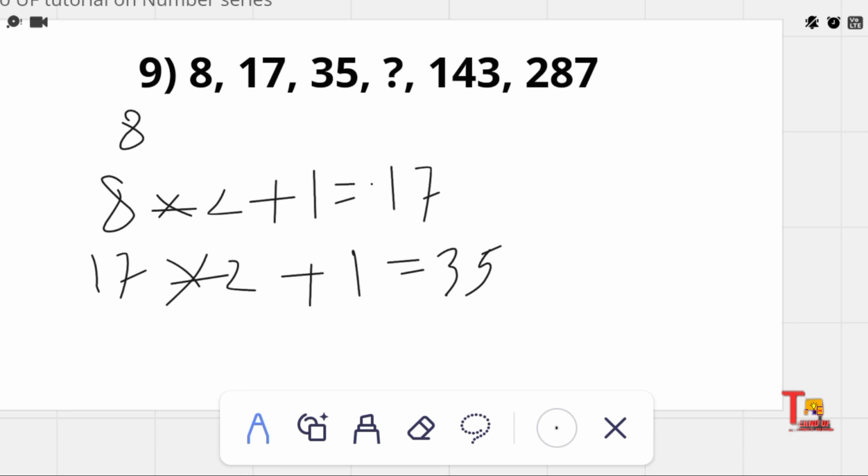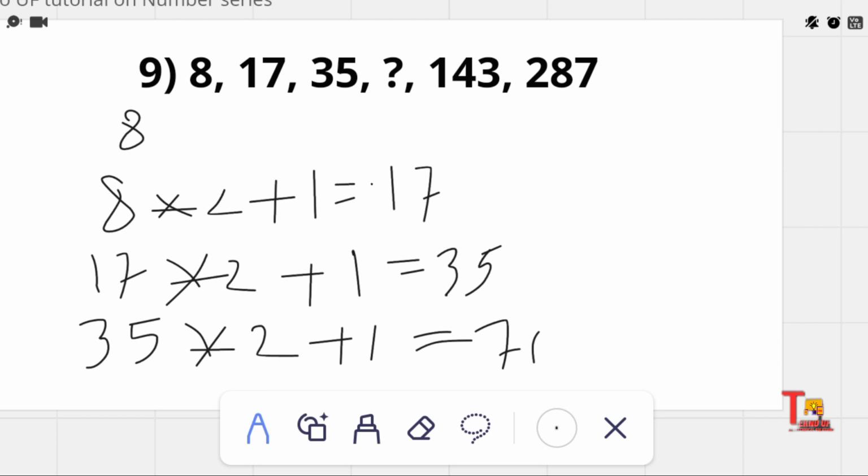And if you increase by the same, yes, right. So if you just maintain the sequence, then you will get the answer: 35 multiplied with 2 plus 1, that is 35 into 2 is 70 plus 1 is equal to 71.